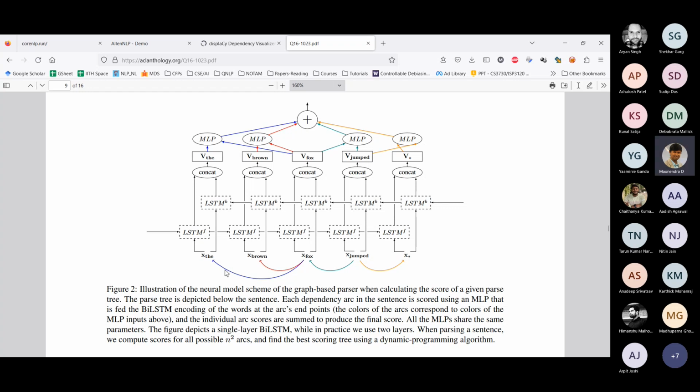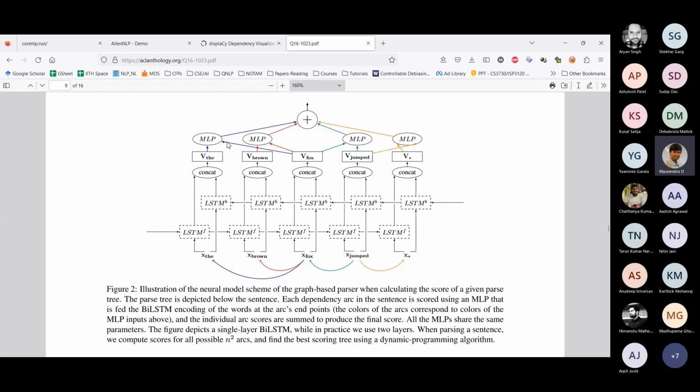And for each edge, how do we find the score? Each edge will have two endpoints. Say, for example, "the fox": one endpoint is "the" and the other endpoint is "fox". We'll get the BiLSTM representation for "fox", and the BiLSTM representation for "the", and we'll pass both these representations to an MLP. This MLP will output a real number, which is the score for this edge.